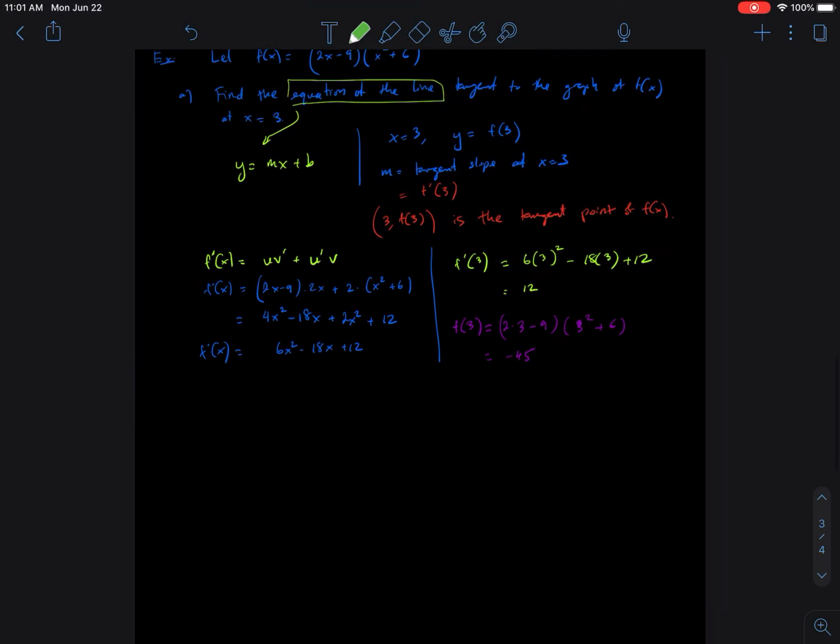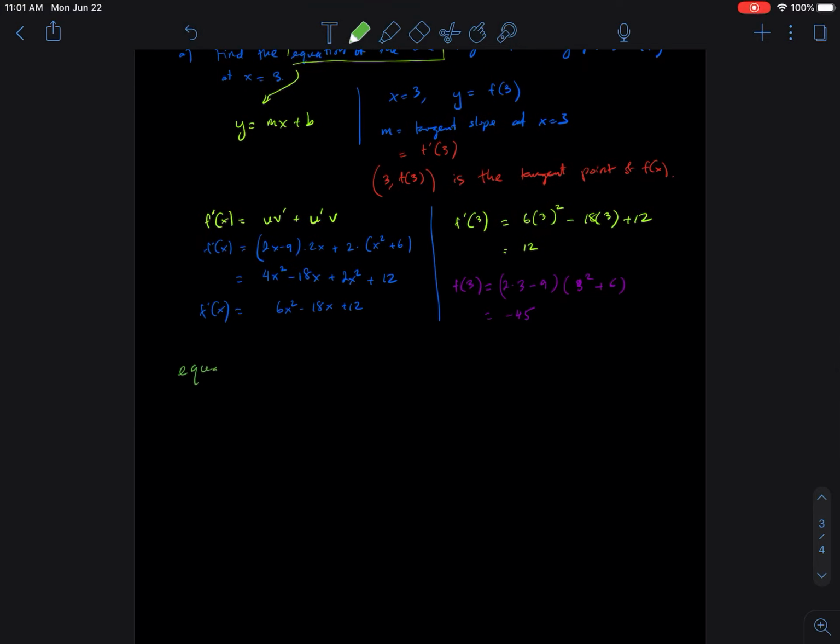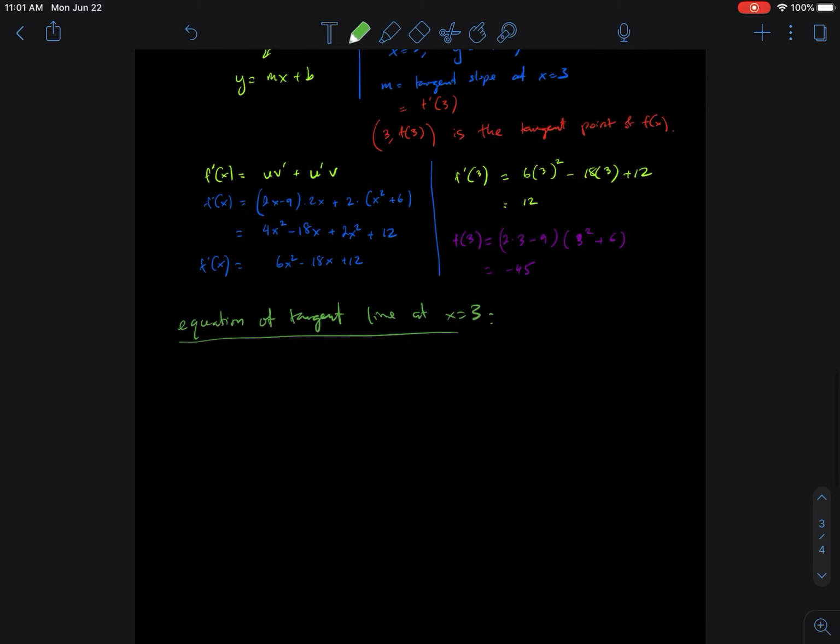Okay, so the equation of the tangent line at x equal to 3. y equal to mx plus b.